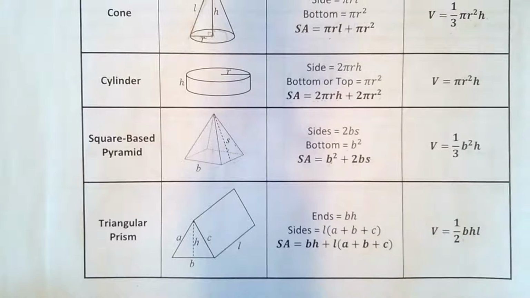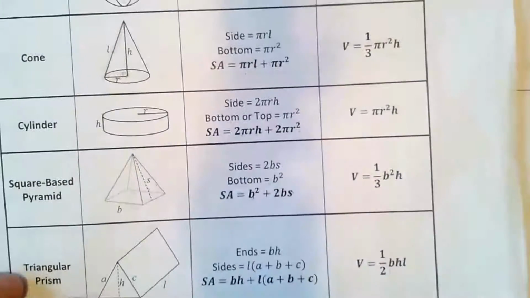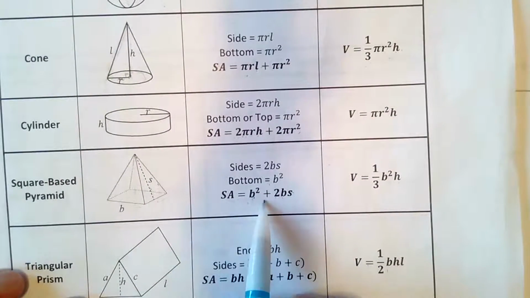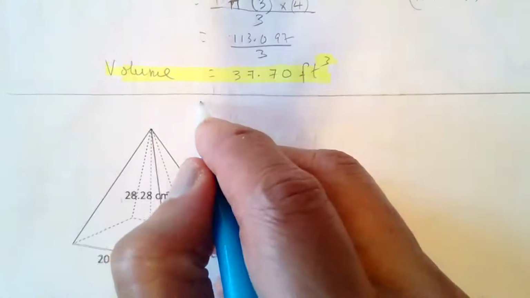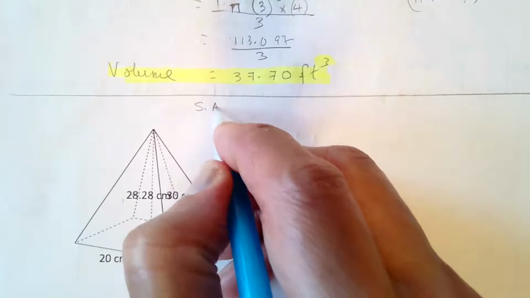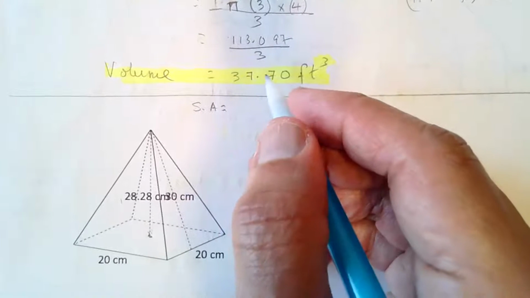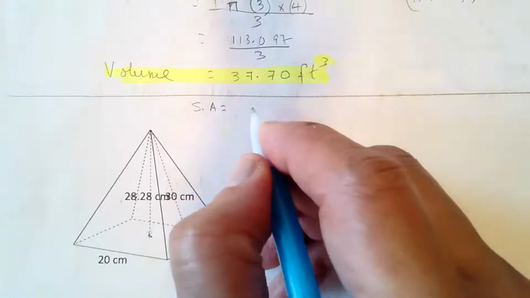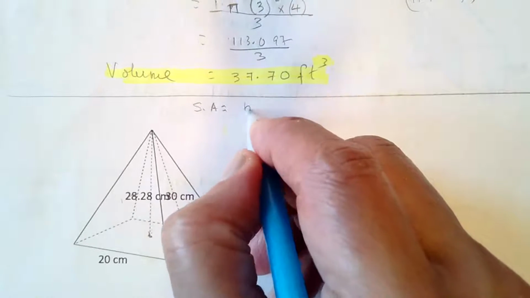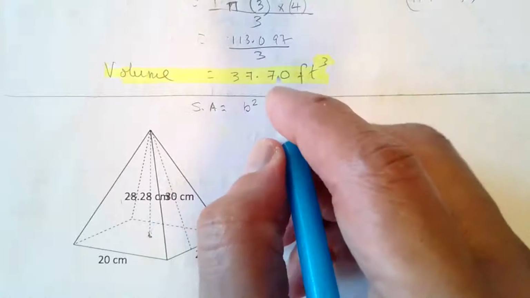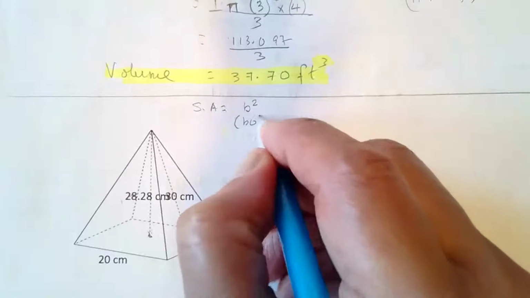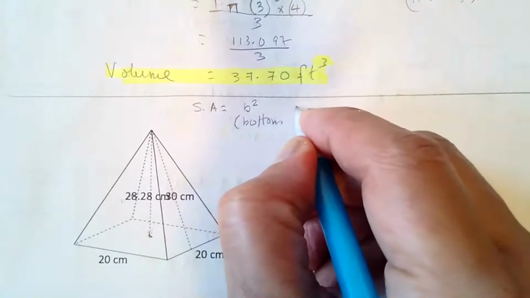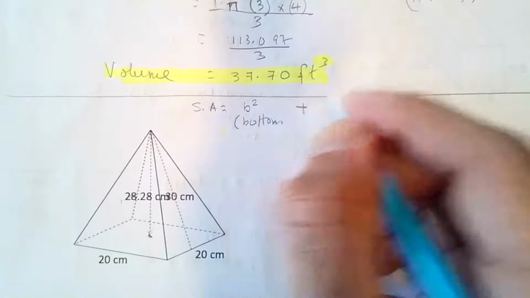Okay. So first step, we want to find the surface area. Record our formula. Surface area of a square pyramid is your base squared, which is the bottom, plus the side.